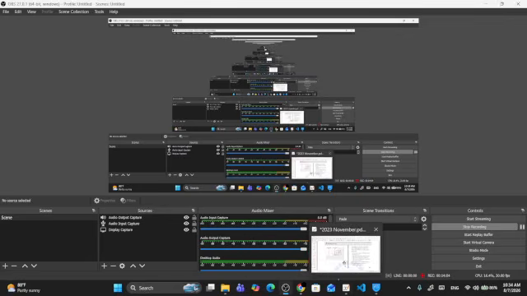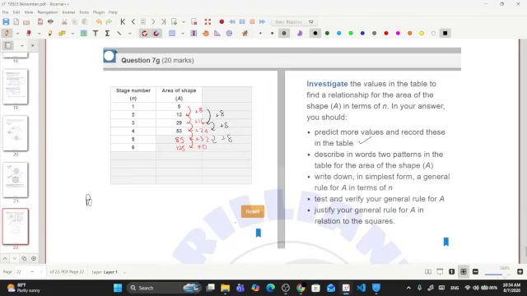So we can write this as, for the pattern, the difference between consecutive terms increases by positive 8 each time.